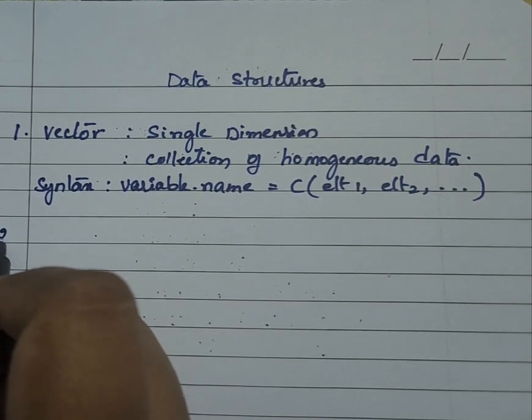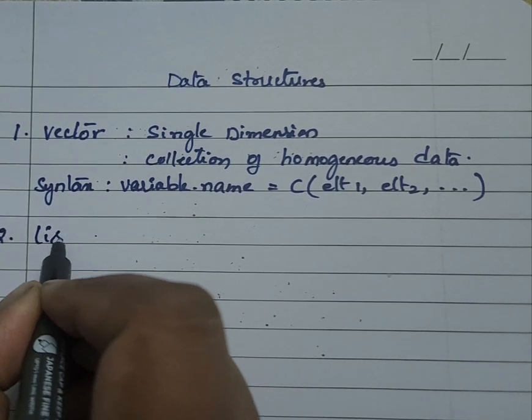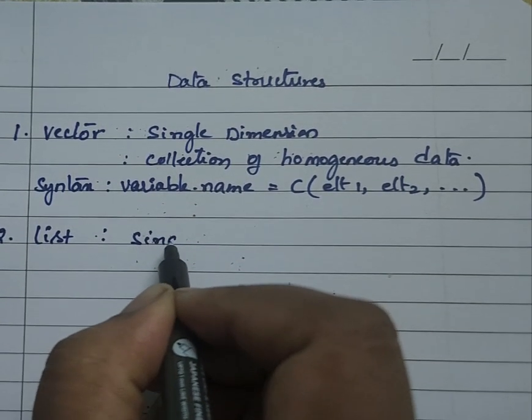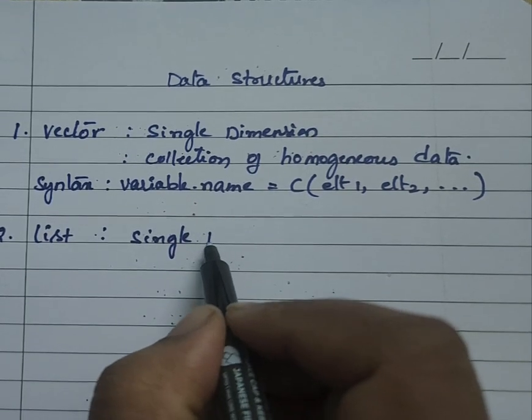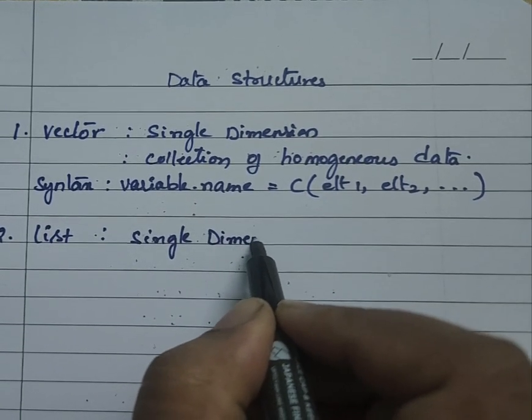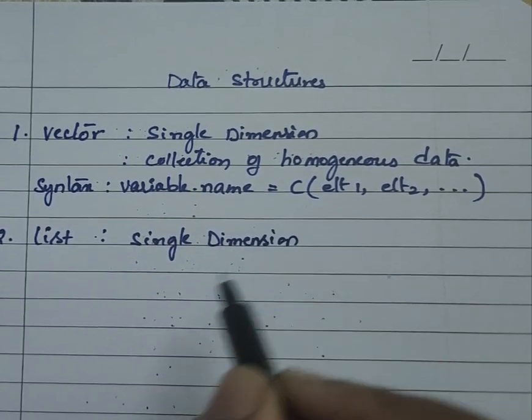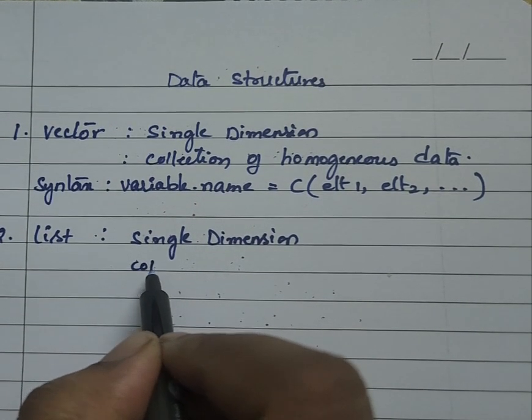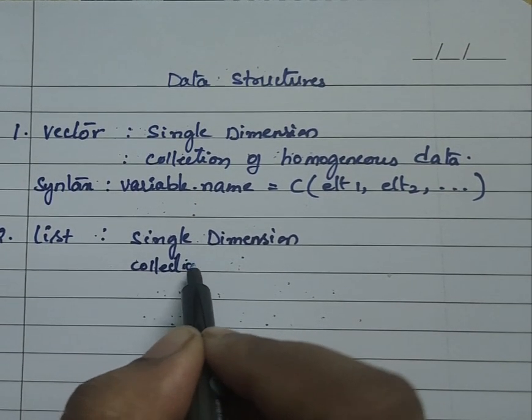The next data structure is list. List is also a single dimension data structure, and here it is a collection of heterogeneous data.